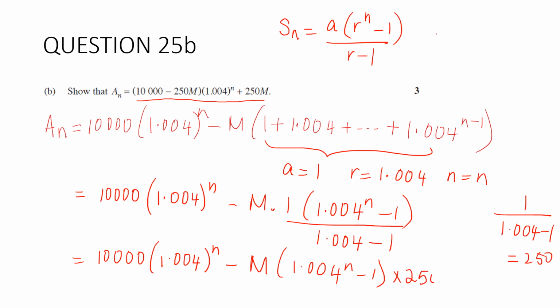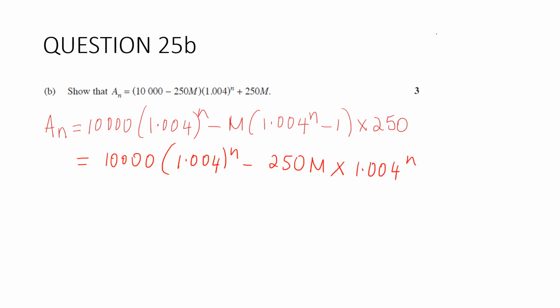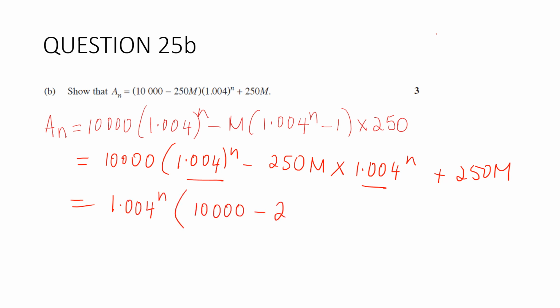All right, we're close. Equals 10,000 times 1.004 to the power of n, take away 250M lots of 1.004 to the power of n, plus 250M. And if I factorize out this here, 1.004 to the power of n, gives me (10,000, take 250M) plus 250M, we are done.